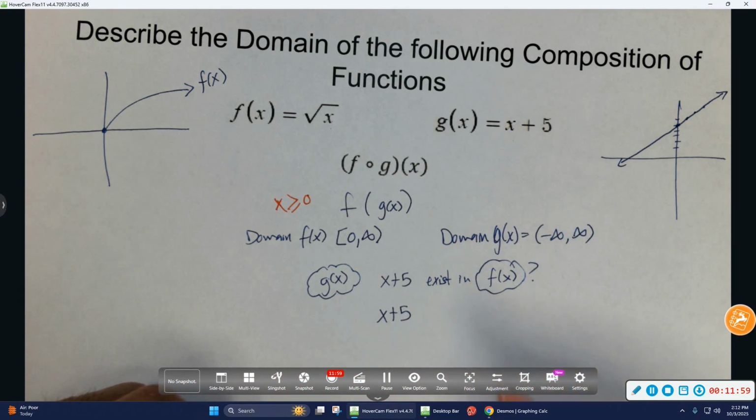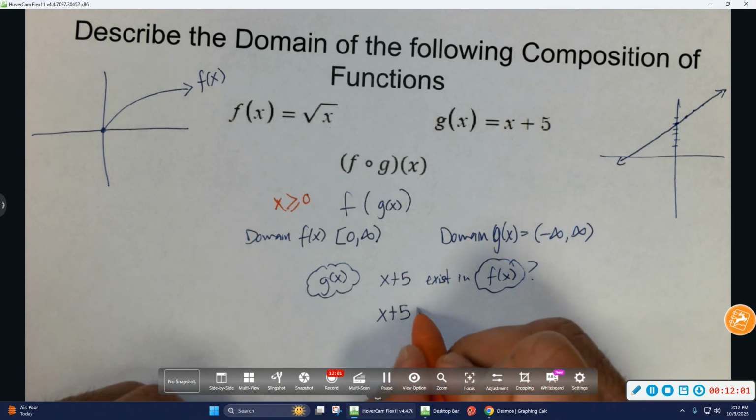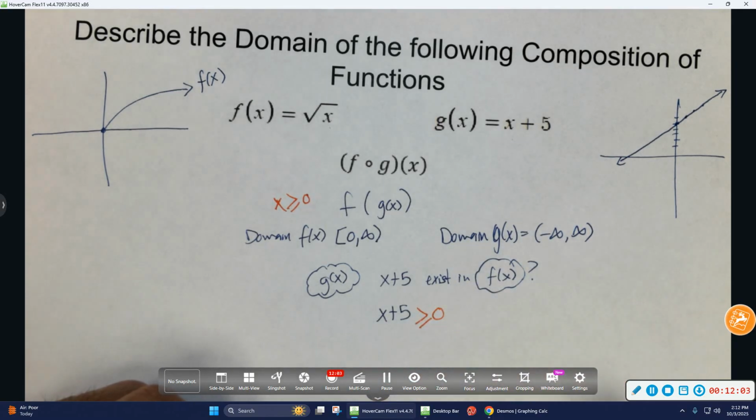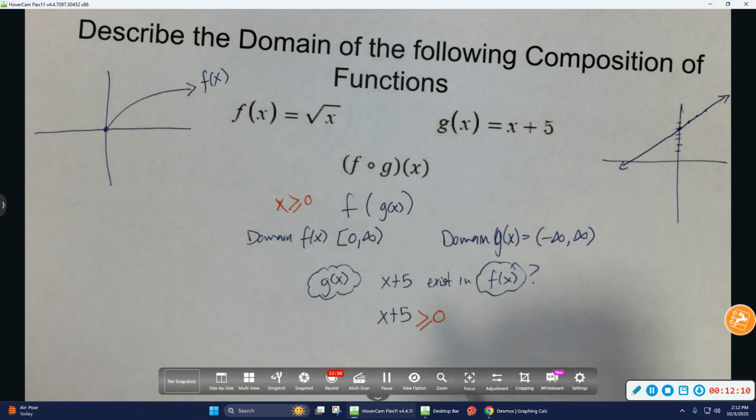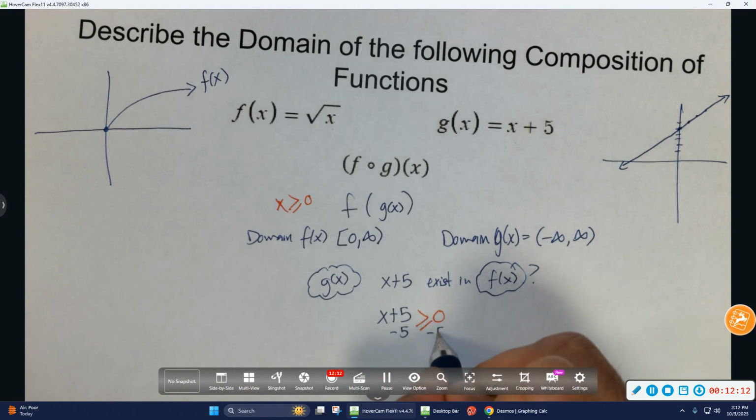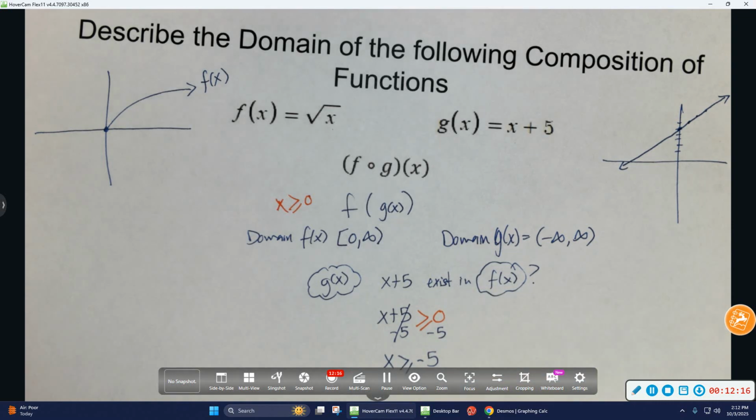So I want to find out, when is g of x greater than or equal to 0? So what I do is I solve for x here. I'm going to move the 5 to the other side. X is greater than or equal to negative 5.